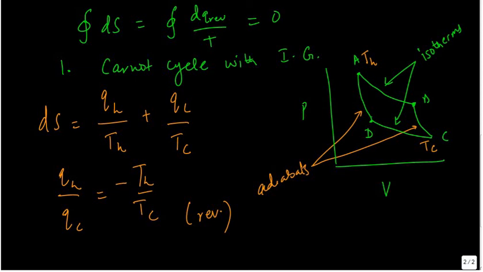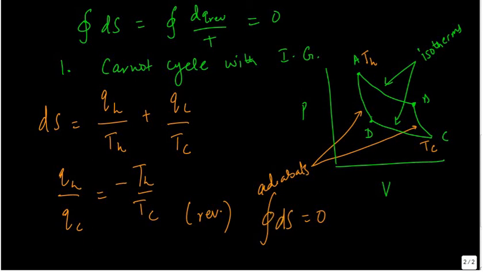So now if I put these back over there, then what I get is the change in entropy or delta S comes out to be 0. Yes, I could even do this over the entire path. That comes out to be 0.